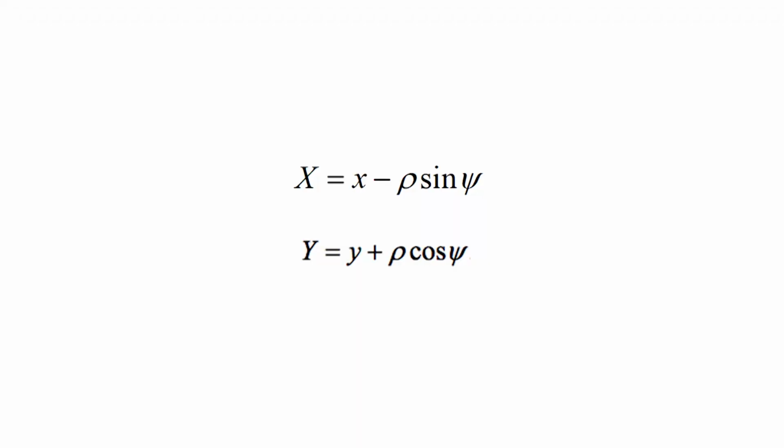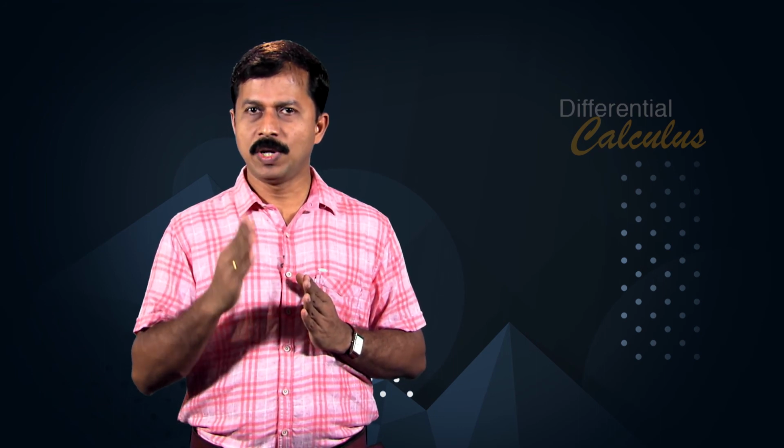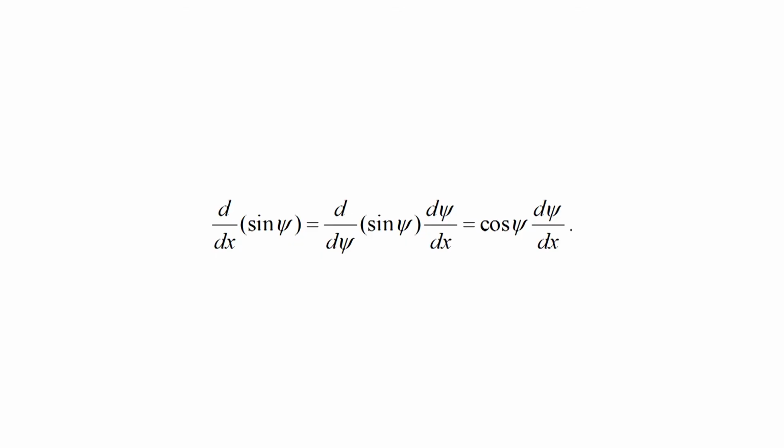Then X is equal to x minus rho sin psi and Y is equal to y plus rho cos psi. Now, we differentiate X is equal to x minus rho sin psi with respect to x. For this, we note that by the chain rule of differentiation, d by dx of sin psi is equal to d by d psi of sin psi times d psi by dx, which is equal to cos psi times d psi by dx.